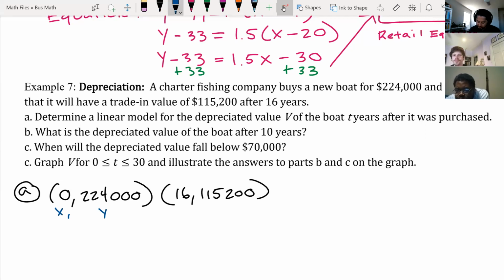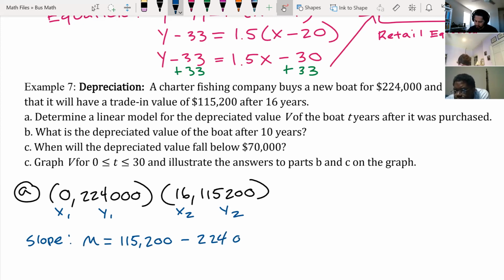A slope. You see how repetitive this is. No matter how complicated it looks, we're doing the same exact thing we've done probably 5 times a day already. So let's go ahead and find that slope. M equals, and I'm sure you know the formula by now. So let's just plug in those numbers. 115,200 minus 224,000 over 16 minus 0.